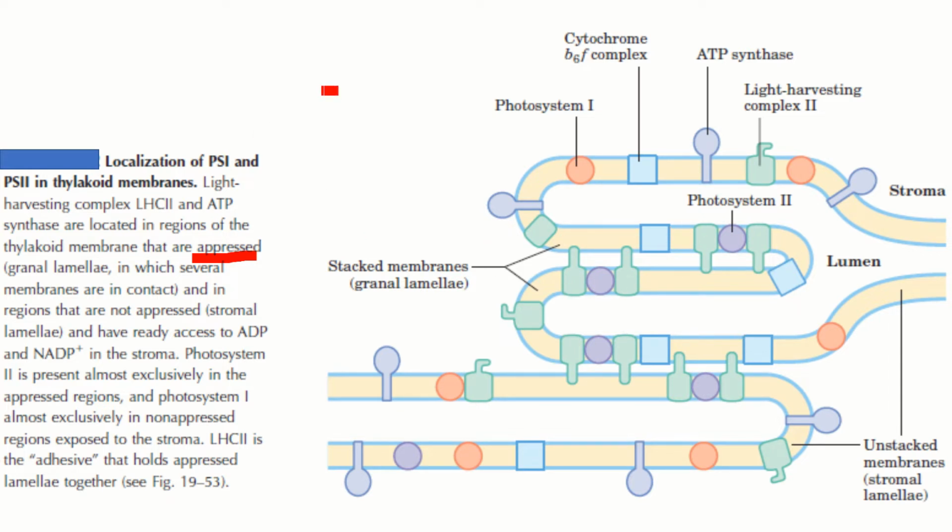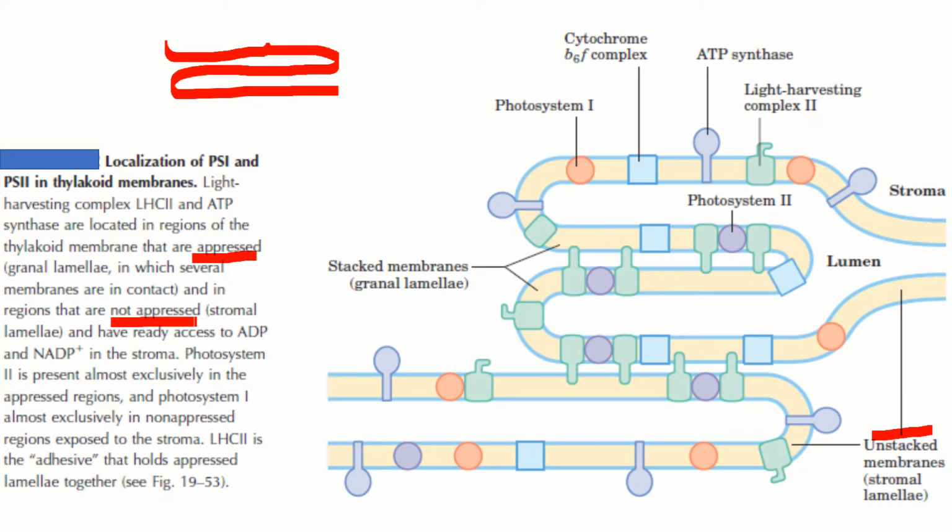Stacked means you can see layers like this. Such a region where the membrane is stacked one upon the other is what is called an appressed region. Here this is the appressed region, and here in these areas you can see it is unstacked. Unstacked region means non-appressed region.